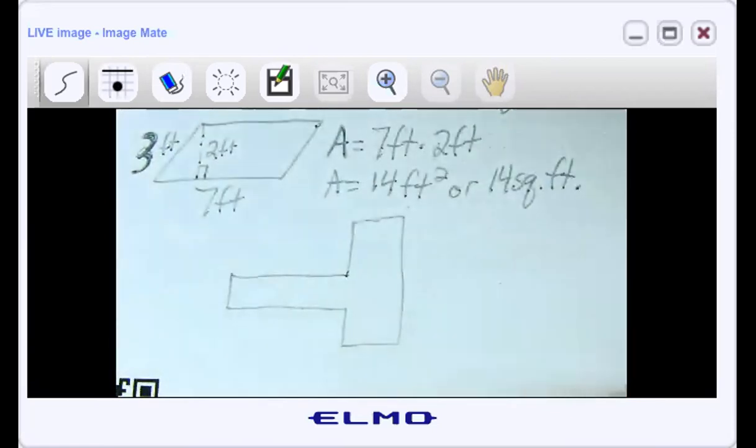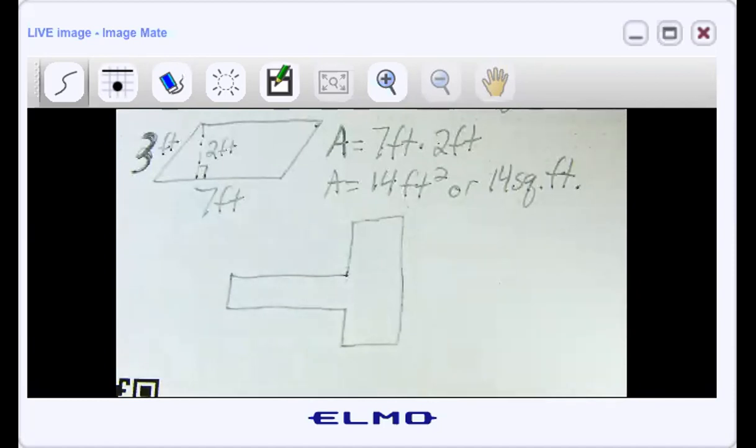Let's say I gave you this image and I wanted the area of this whole shape. Well, this thing is not a rectangle or a parallelogram, right? It's just some weird random shape. So what I would have to do is break this shape up into smaller bits, find the area of the smaller bits, and then add it all back together.